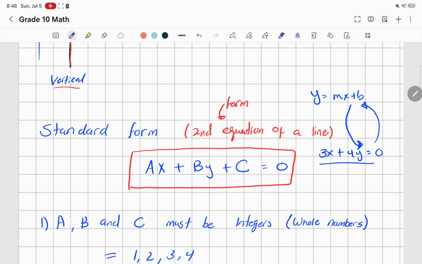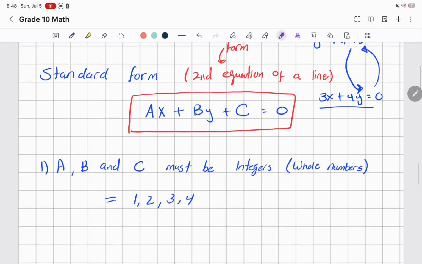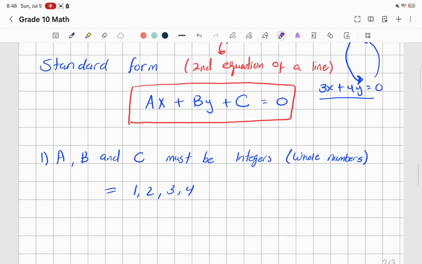The reason why we use standard form, it's not as common as y equals mx plus b, but sometimes the y equals mx plus b form isn't as efficient, and we have to use standard form, and that's why we maneuver from one form to the other. Now, when working with standard form, there are certain rules that need to be met.